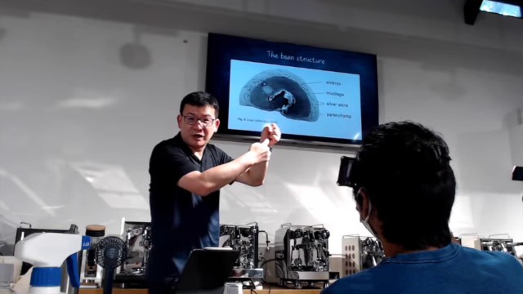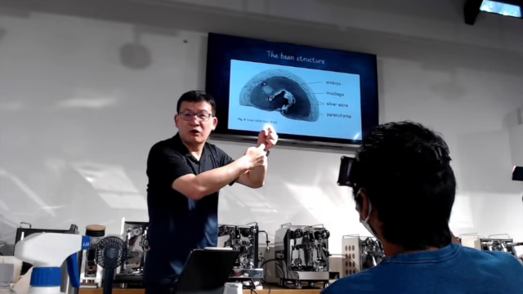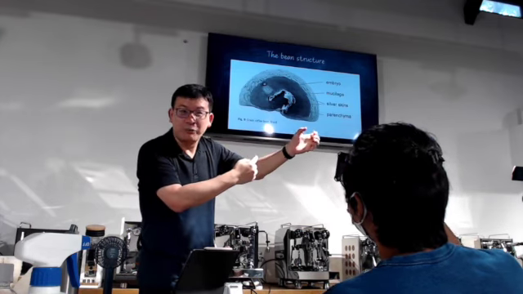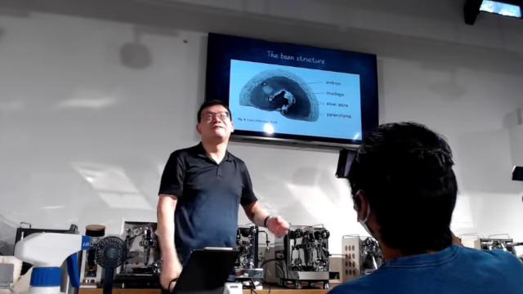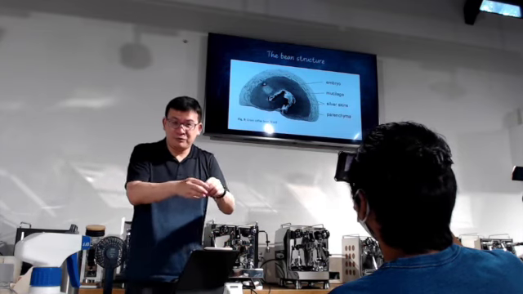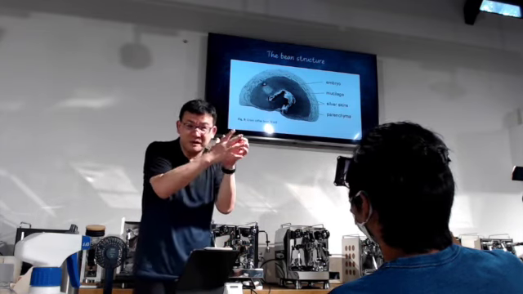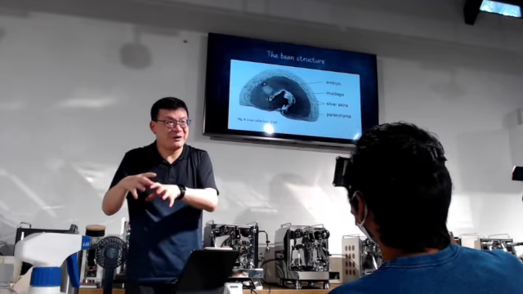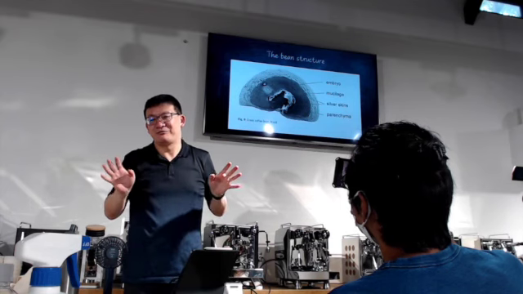Which one has more roast development? Open one, right? So after roasting, if the open center line, one cup, closed center line, one cup, tastes different.